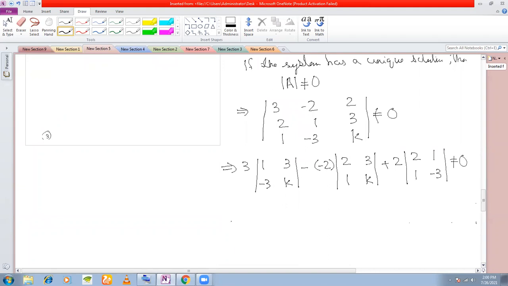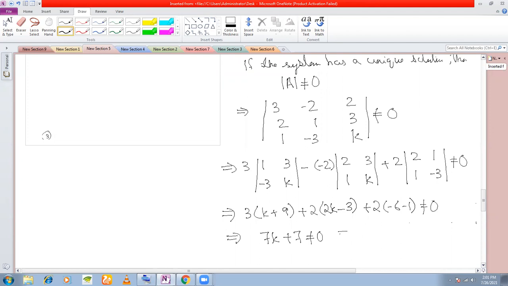It is not equal to 0. You can simplify this to get 7k plus 7, it's not equal to 0. And 7 times k plus 1 is not equal to 0.